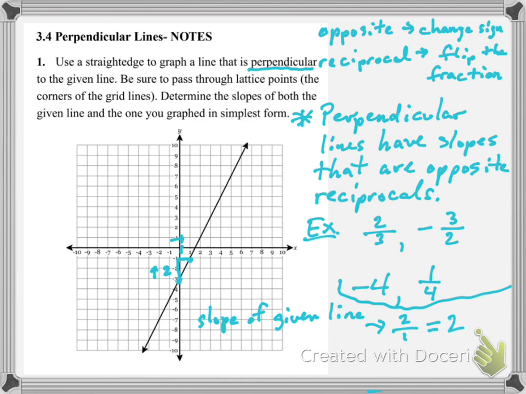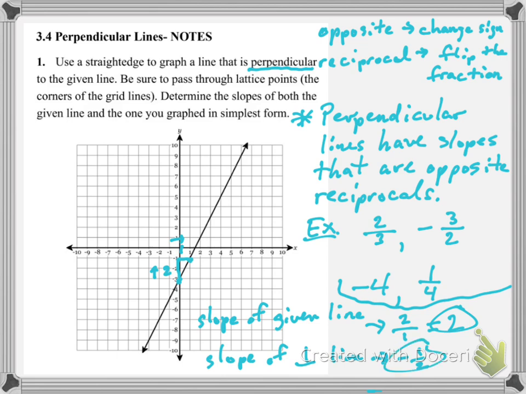So that's 2. Now, the slope of the perpendicular line, we flip 2 over 1, that's 1/2, and opposite means we change the sign, so it's negative 1/2. Okay, so there's our given slope, there's the slope perpendicular.